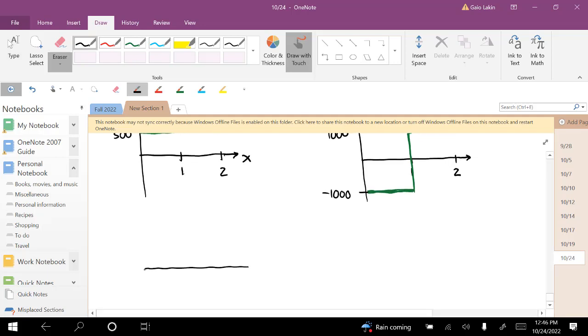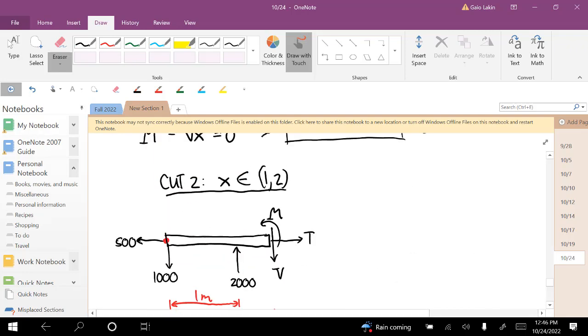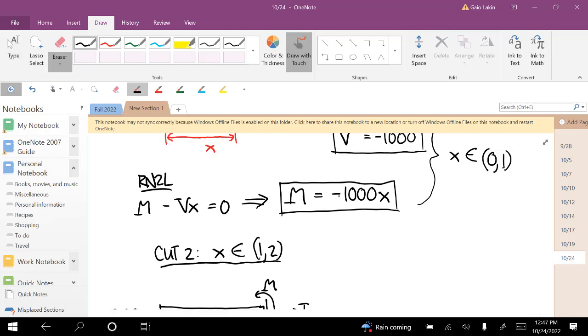And then the last one is the bending moment. So this one starts out negative 1,000x. It's going to look sort of the same as it did in the last example.